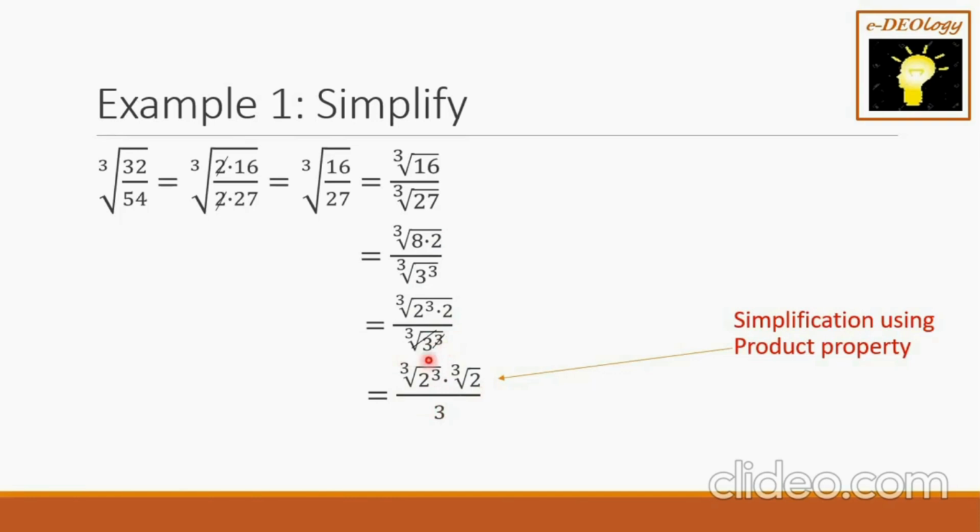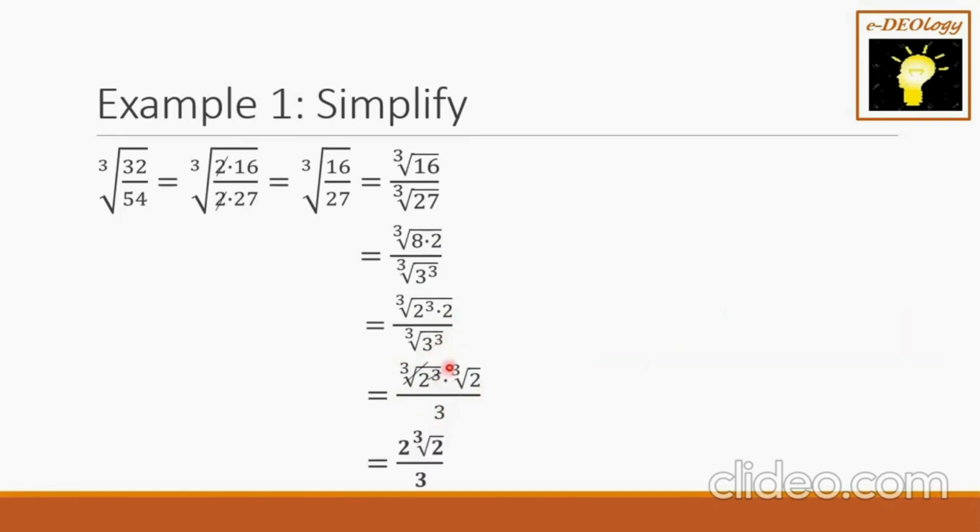So only the base 3 will come down here. In simplifying this first term here, we're also going to cancel the radical and the power of 3. Only the base 2 will come down, and then multiplied by this cube root of 2 all over the denominator 3. So this is our final answer.